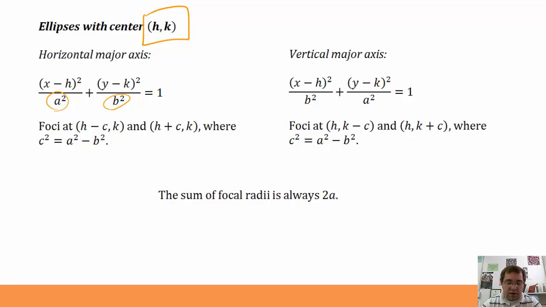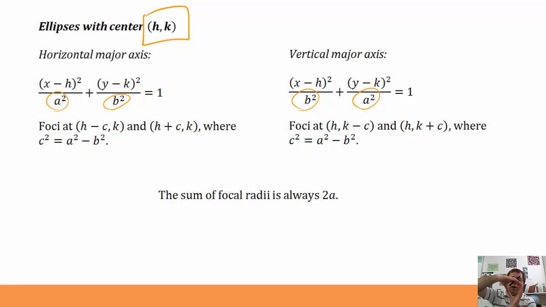In that case, the foci are a distance of c away from h, so that it's horizontal. If it's a vertical major axis, then the b squared is underneath the x, and the a squared is underneath the y term. And in that case, the foci are a distance c away from k, so that it's vertical.